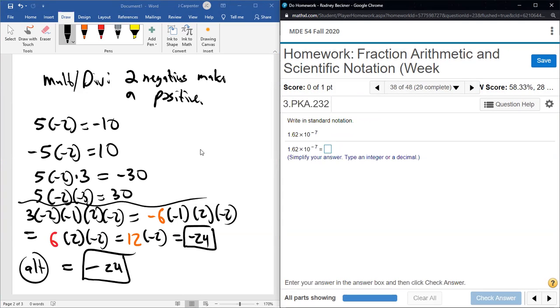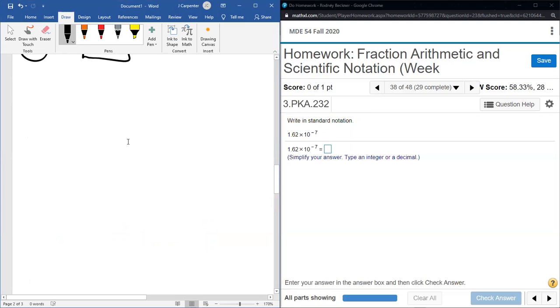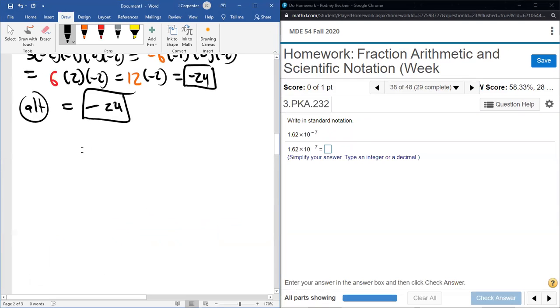All right. Scientific notation. Just making sure I had plenty of space.